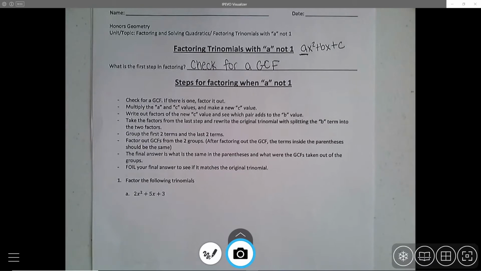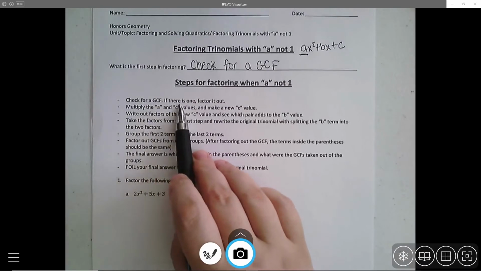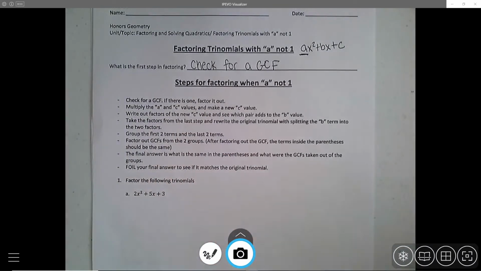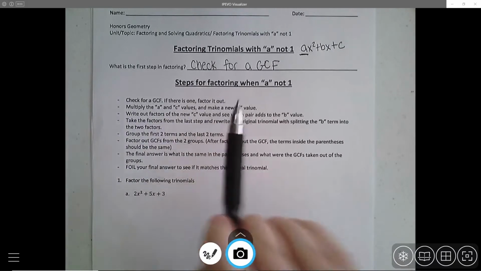You're probably going to look at this and think, wow, that's a lot of steps, but a lot of it comes with seeing what I'm going to do in these problems where it makes sense. If we walk through them: first, check for a GCF, and if there is one, factor it out. Next, we multiply our A and our C values to make a new C value.